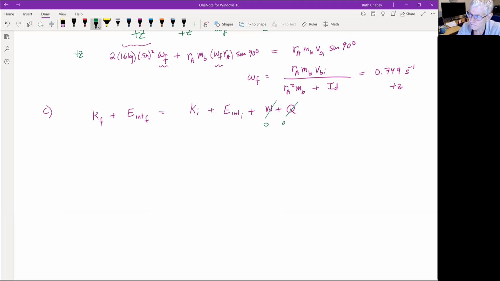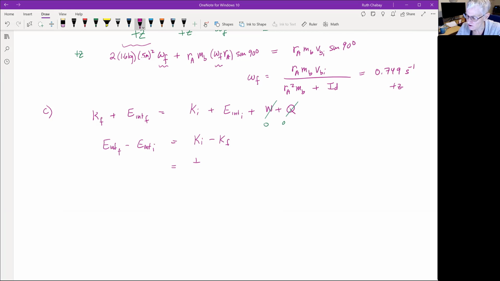And so the change in internal energy is just going to be the initial kinetic energy minus the final kinetic energy.